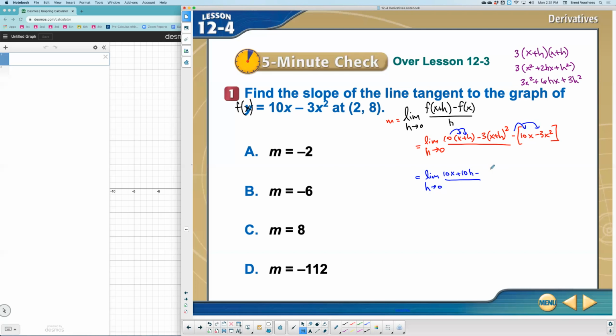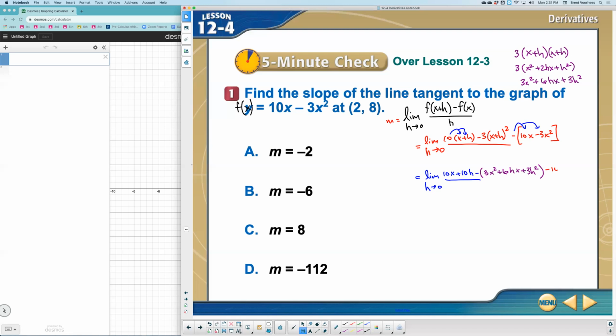So I'm going to substitute that in. Right here, I'm subtracting all of that, so I'll subtract 3x squared plus 6hx, forgot the h there, hx plus 3h squared. Finally, I'm going to distribute this portion through.